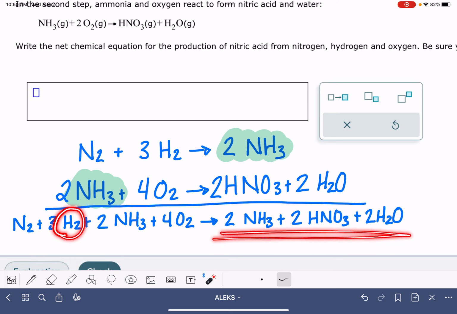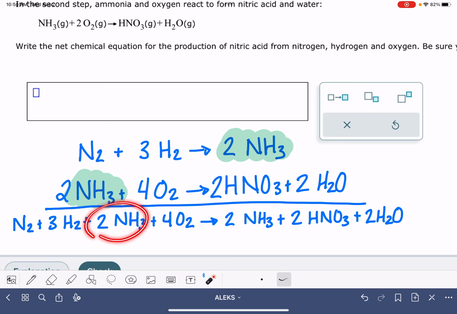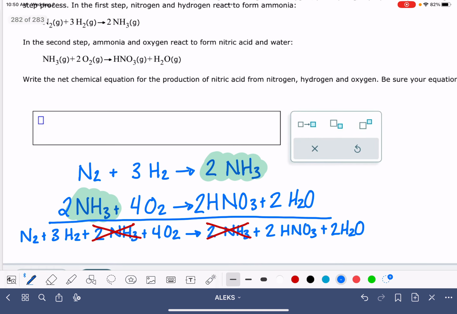H2, I don't have any H2 molecules. I have H2O, but that's not the same as H2 all by itself. The NH3, I can simplify that. I've got 2 NH3s on the left, and I also have 2 NH3s on the right. And then I have O2 on the left, but I don't have any O2 on the right. So what I have left is my simplified equation. That's the answer to the question.